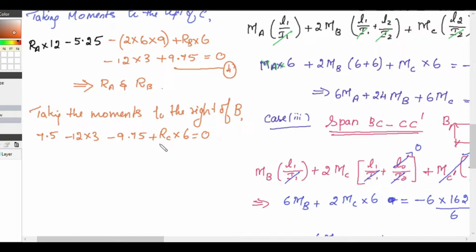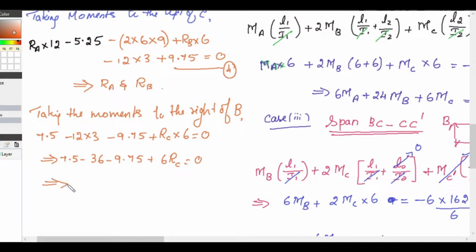Okay. So from this we get 7.5 minus 12 into 3 is 36 minus 9.75 plus 6RC is equal to 0.